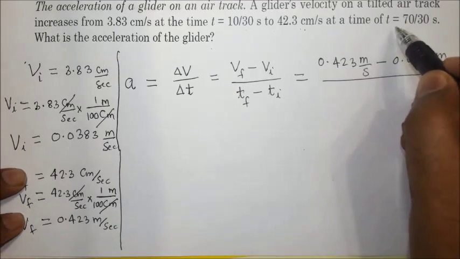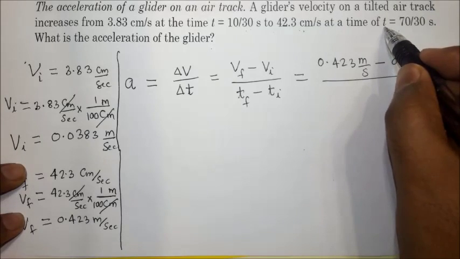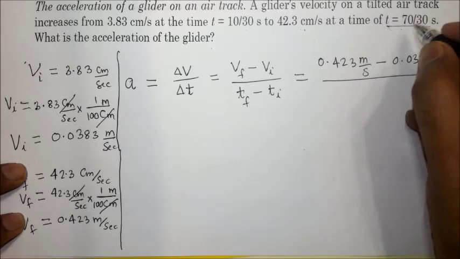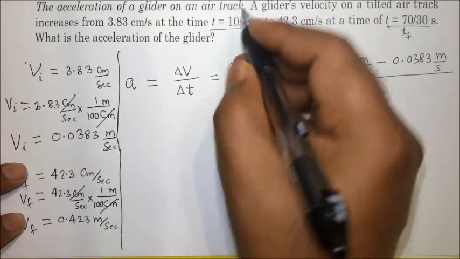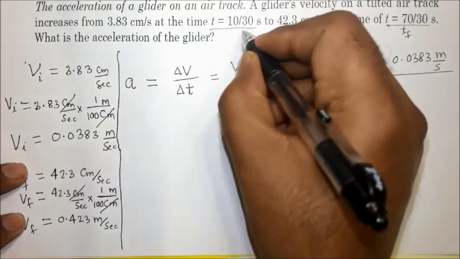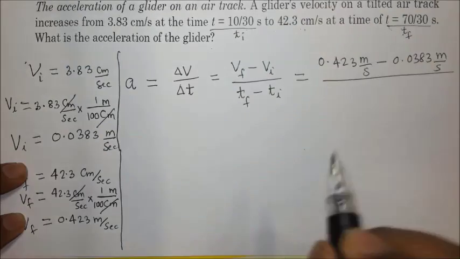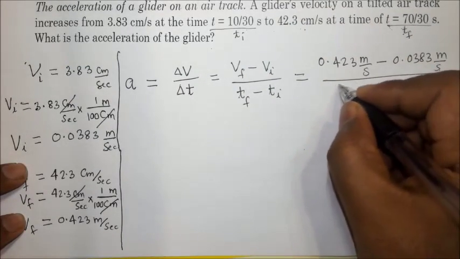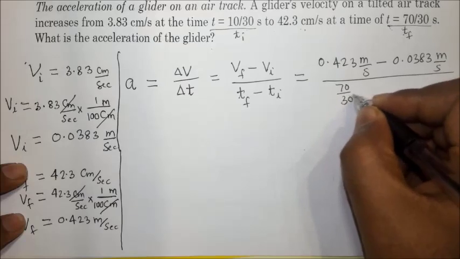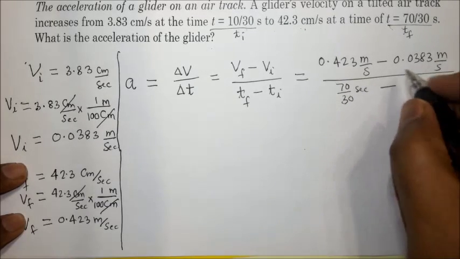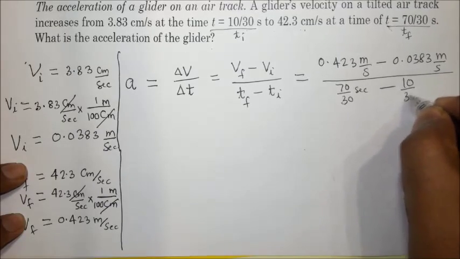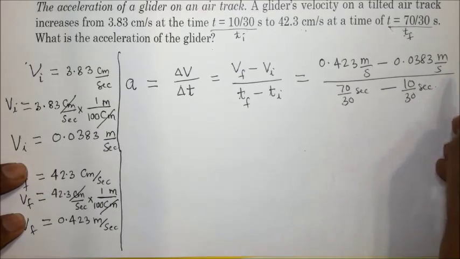This is T final and this is T initial. So 70 over 30 second minus 10 over 30 second.